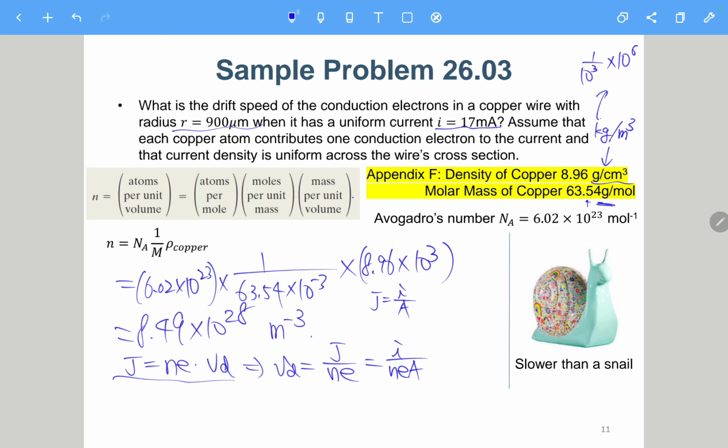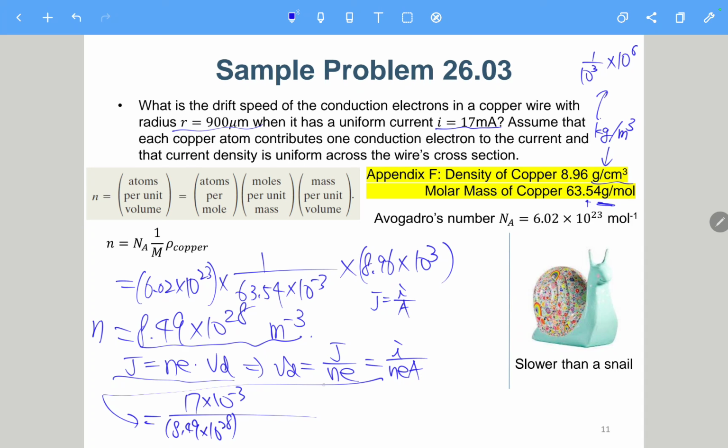So finally, we can just plug in all the numbers. I is 17 times 10 to minus 3rd power, and then n is actually this number. Maybe I just go to the next row. So it is 17 times 10 to minus 3rd power, and then this is 8.49 times 10 to 28th power.